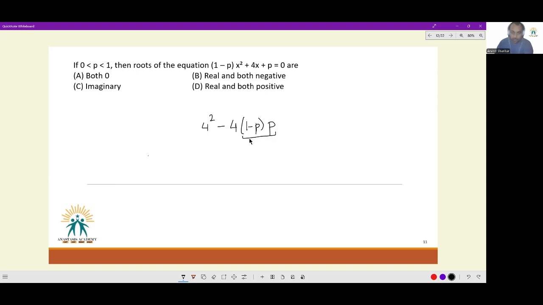1 minus p into p, what is the maximum value this can take? The maximum value it can take is when 1 minus p is equal to p, or p is equal to half. This portion will never be as big as 16. What we have here, this is definitely 16.